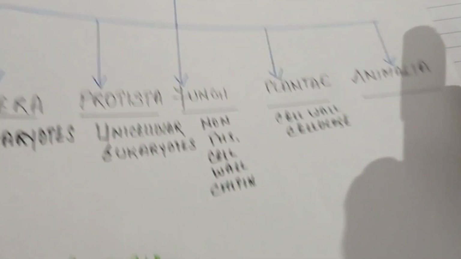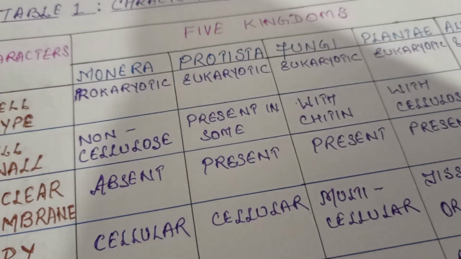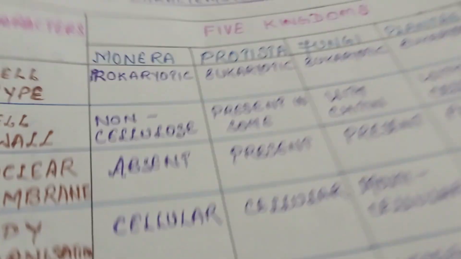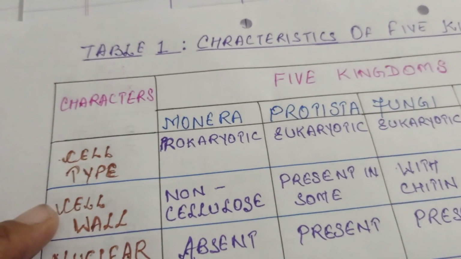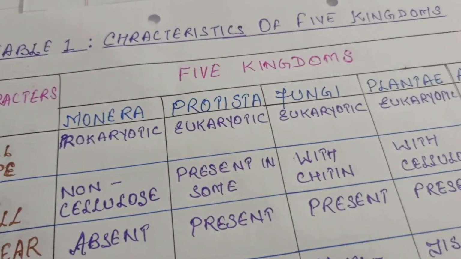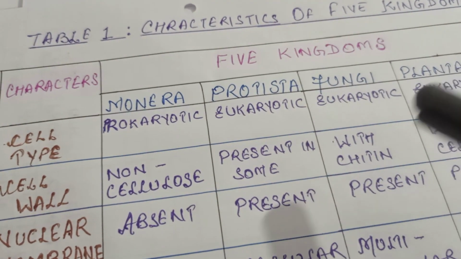Now have a fast look at the characteristics of the 5 kingdoms. I have made a table for you all for easy understanding. These are the characteristics which were considered for the 5 kingdoms.